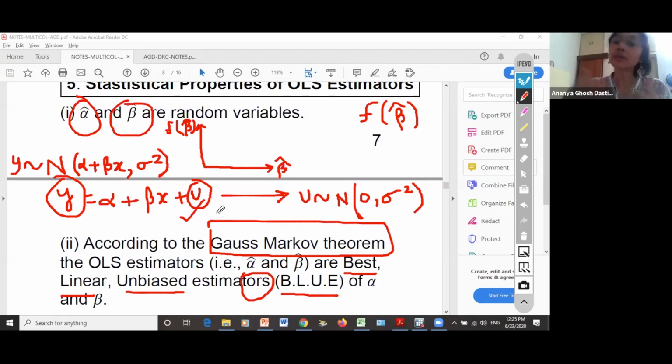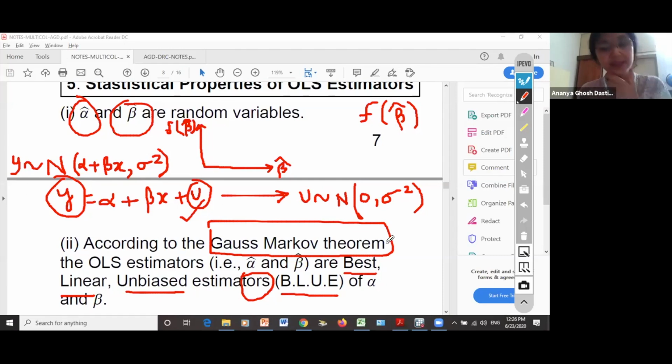So the distribution of alpha hat and beta hat is driven by the distribution of y, which is driven by the distribution of errors. So what is the bottom line? The bottom line is that alpha hat and beta hat are also normally distributed.